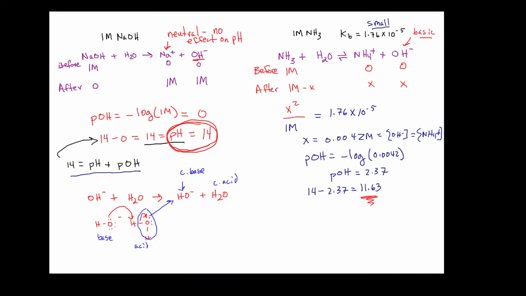Now, if we look at more detail at the ammonia situation, right? So we have NH3, and I'll put a pair of electrons here. We have our H2O. We have our NH4 plus that forms, and we have the hydroxide. So the NH3 is operating as the base. That means our water is operating as the acid.